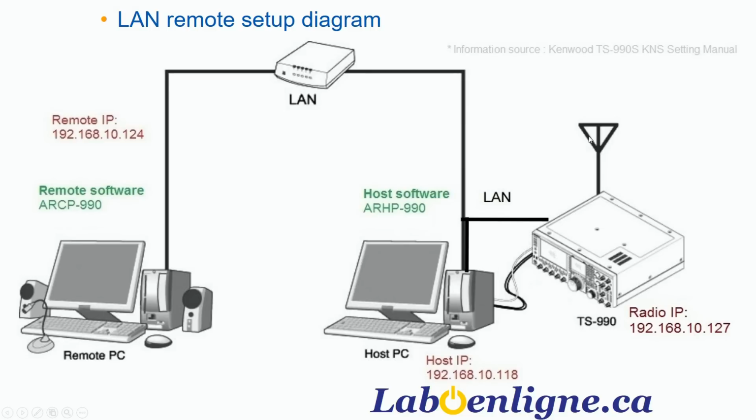The PC is connected through the USB port in the back, which gets the audio, and is connected by IP as well to the radio. So in your LAN, the only 2 software you need are the host software on the host PC, which is the ARHP-990, and on the remote end, you just need the ARCP-990.